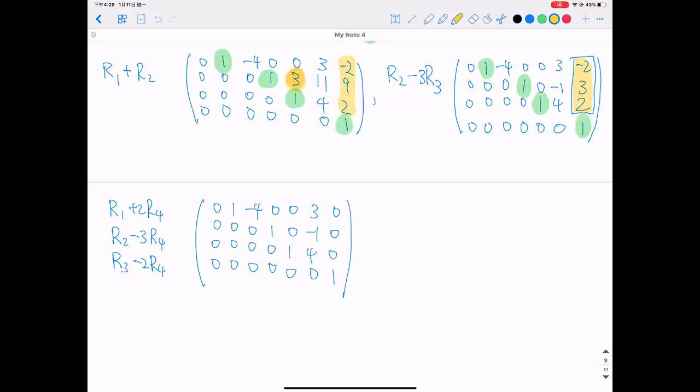All right. Again, the leading ones are here. Now, entries above or below leading ones are all 0 now. So this is in reduced row echelon form.